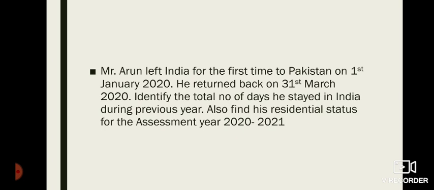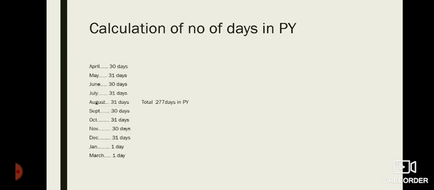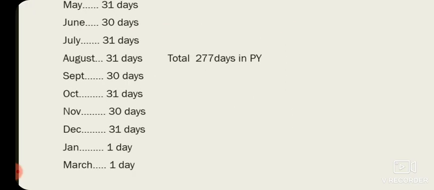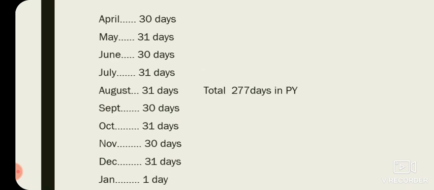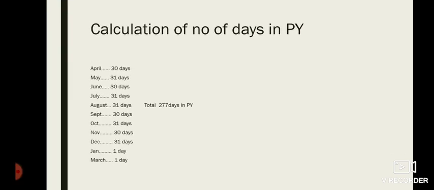He returned on 31st March means March month 1 day, that is 31st when he arrived in India, that is considered as stay in India. So in the January month, Arun was there for 1 day, and when he arrived in India in the month of March, then he was there for 1 day. And when he left India on 1st January itself, that means all these previous months by default he was there in India itself.